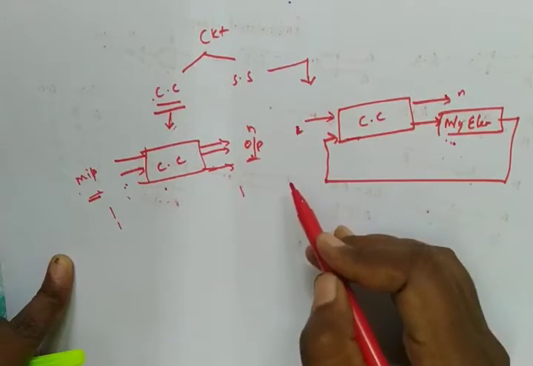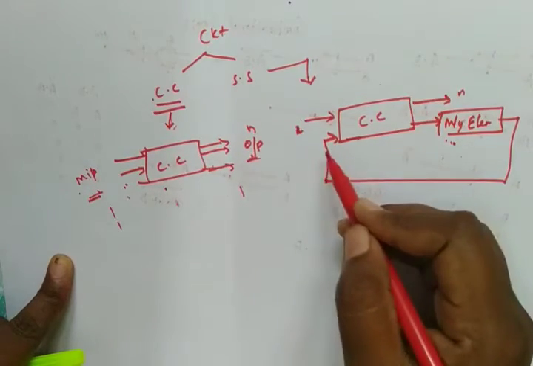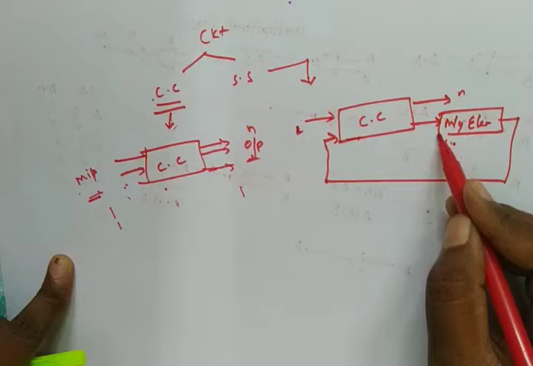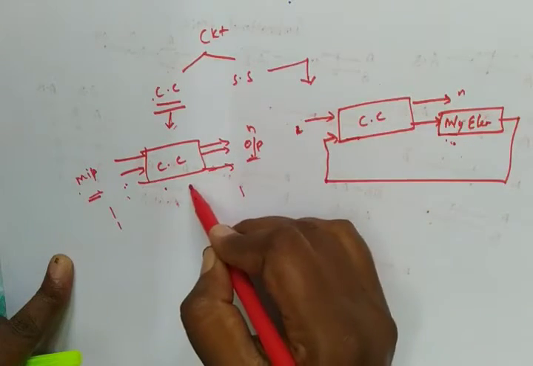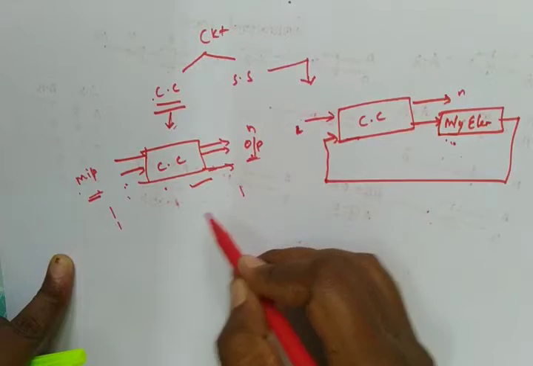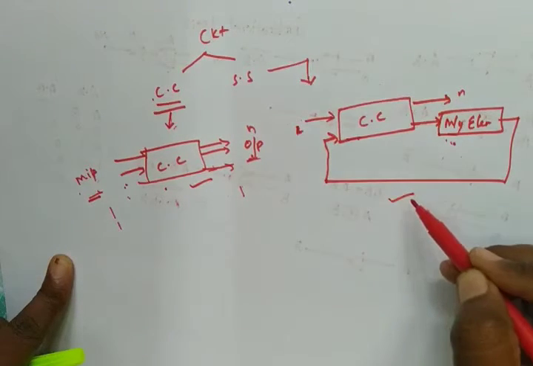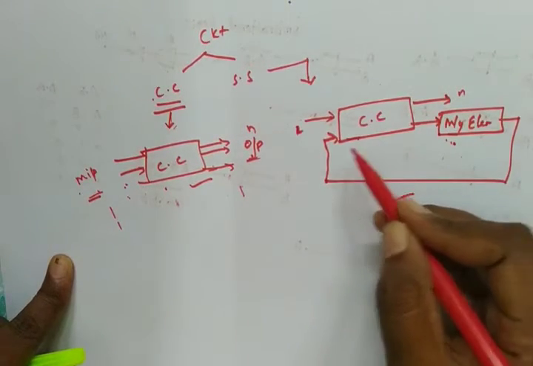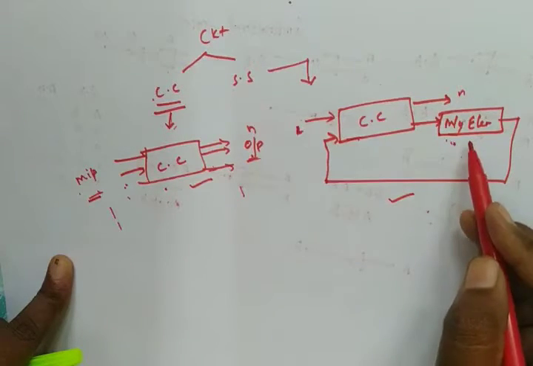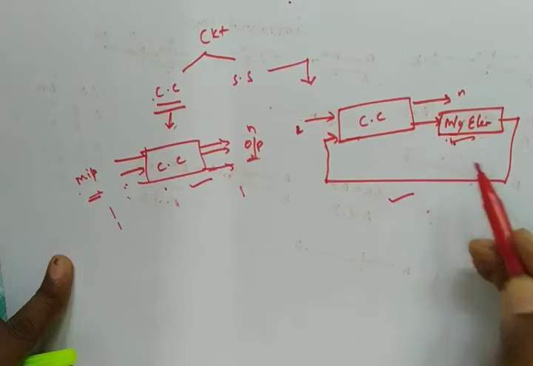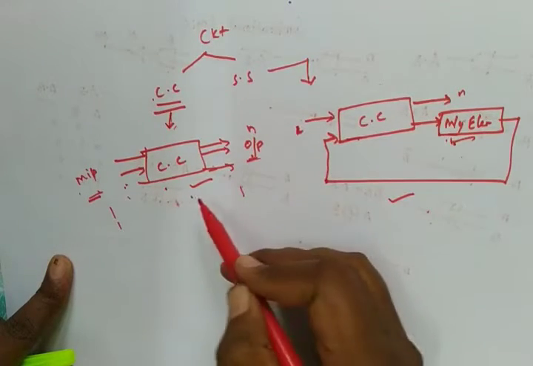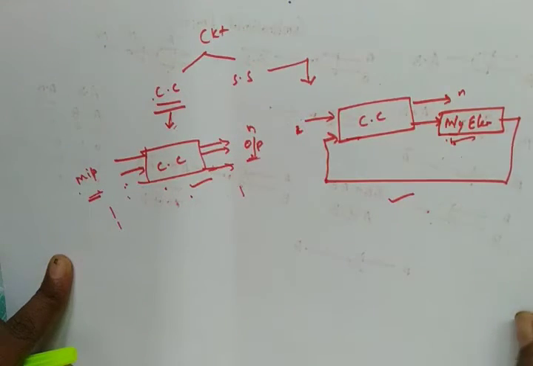So it has to remember the past history, and for remembering, it needs a memory element. So the difference is that the output of this depends only on the present input, and the output of a sequential circuit depends on the present as well as the past history. Here we have a memory element, required to store the past history. Here a memory element is not required.